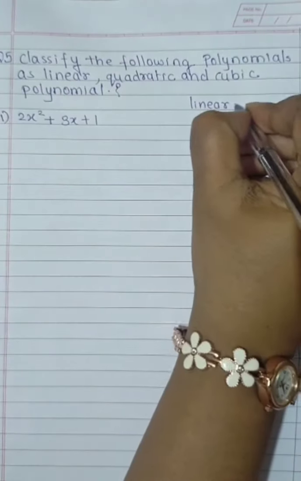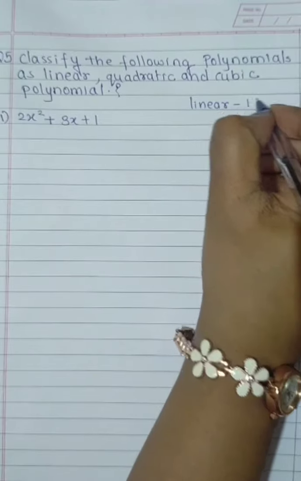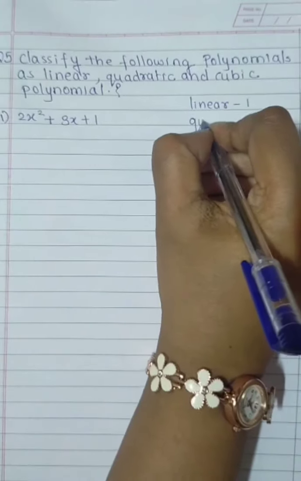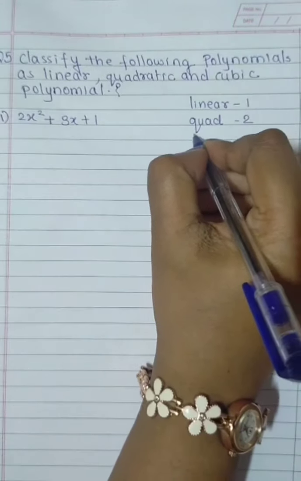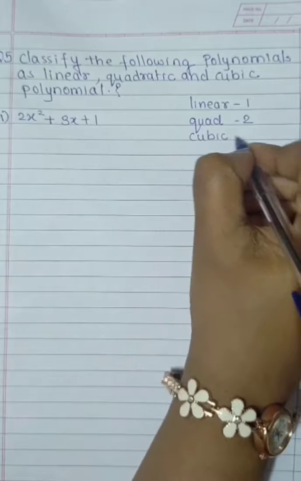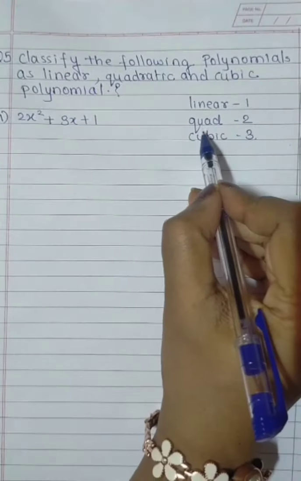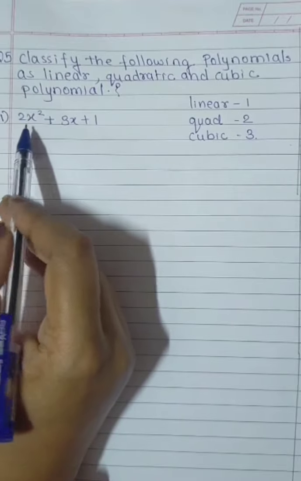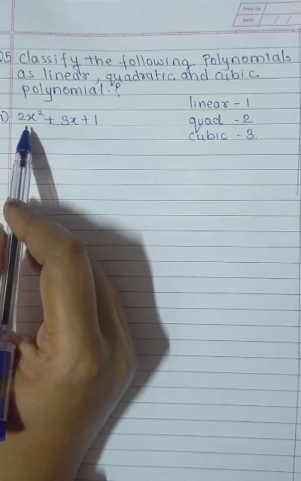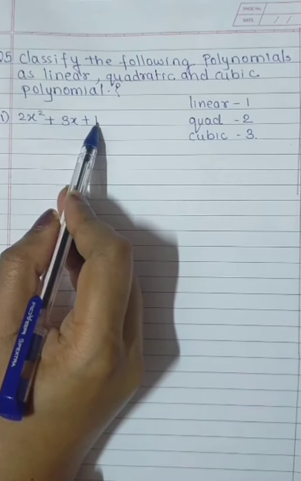Linear is considered as 1 degree, quadratic as 2 and cubic as 3. In linear 1 degree, quadratic 2 and cubic 3. So the first equation given is a trinomial: 2x square plus 3x plus 1.